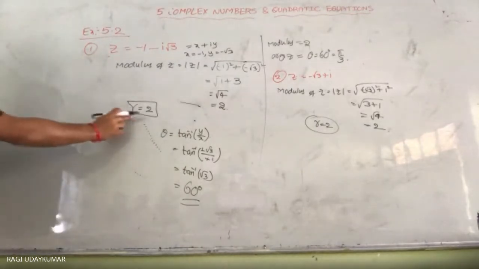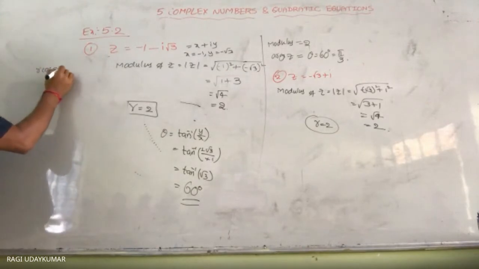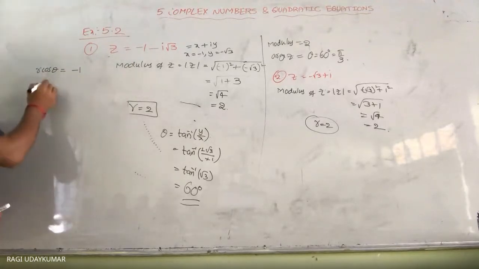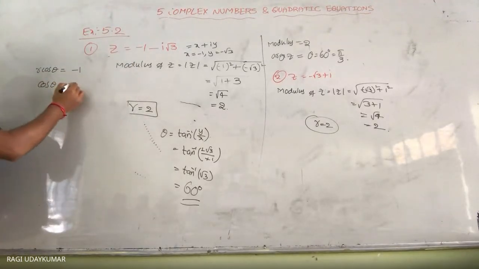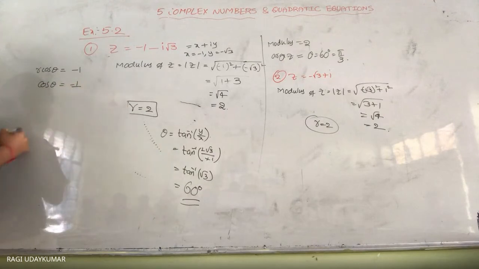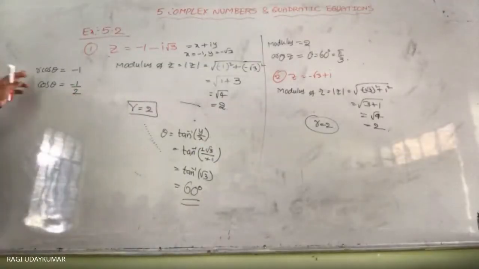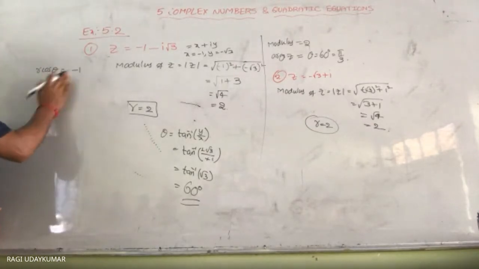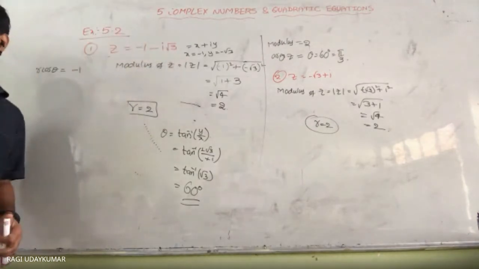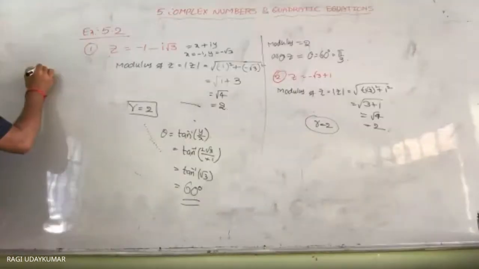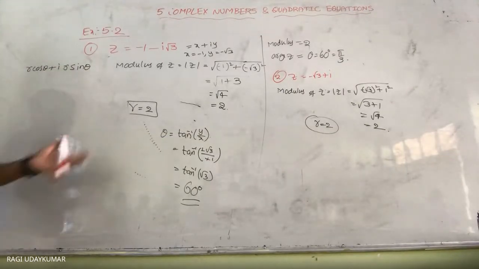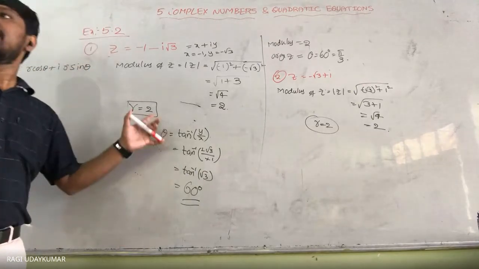If you write this in the form of the r value, r cos theta comes, so what will cos theta be as per this? It is minus 1, so cos theta will be minus 1/2, as the r value is 2, minus 1 by r. If you compare this with r cos theta plus i r sin theta, taking the direct formula to find the argument is not at all correct.